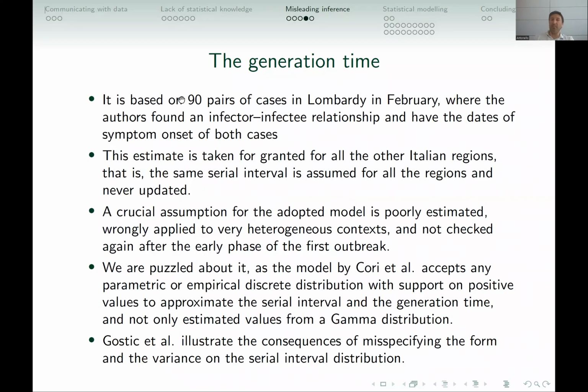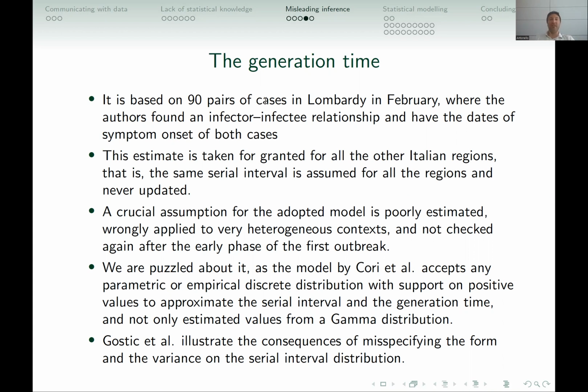Moreover, believe me or not, the generation time, the crucial ingredient to estimate Rt, has been estimated on 90 pairs of cases. 90. I don't know how many millions of cases we have now, and still it has never been updated.